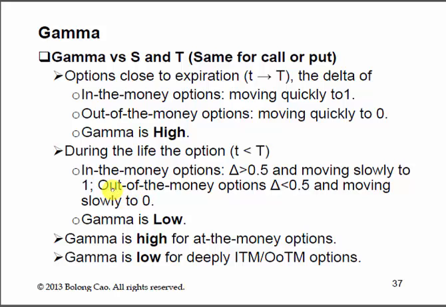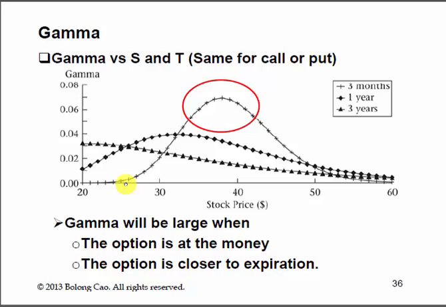And for out of the money options, delta is less than a half and moves slowly to 0. So for either out of the money or in the money options, on the high stock price level, it's in the money for call, out of the money for put.